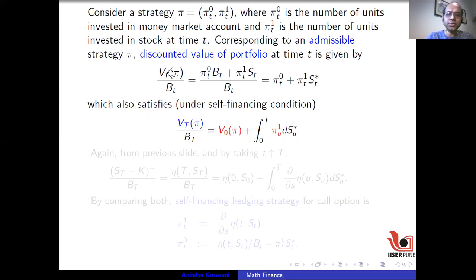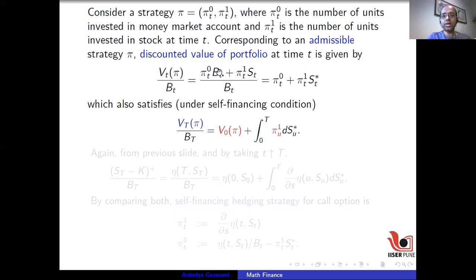That is very clear, because if pi 0 is the number of units invested in the risk-free asset and B t is the price of 1 unit of the risk-free asset, this is the total money invested in the risk-free asset. Similarly, S t is the price of 1 unit of the risky asset and pi 1 t is the number of risky assets purchased. So this is the total money invested in the risky asset.